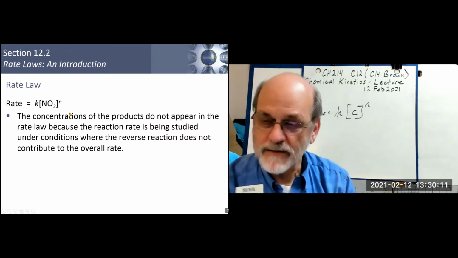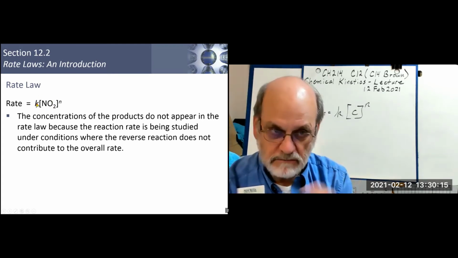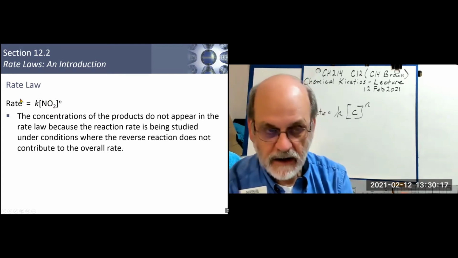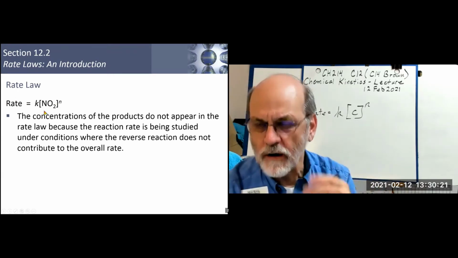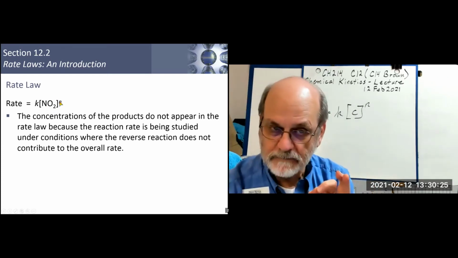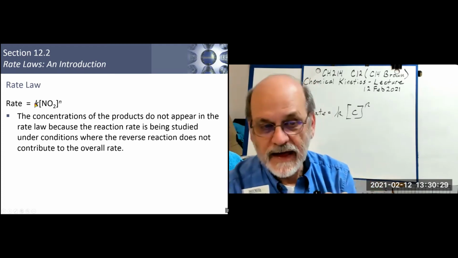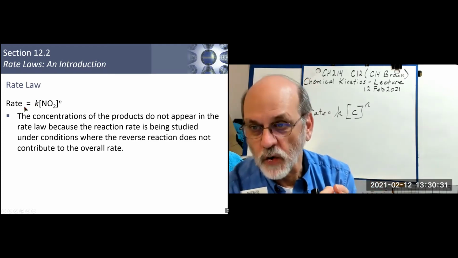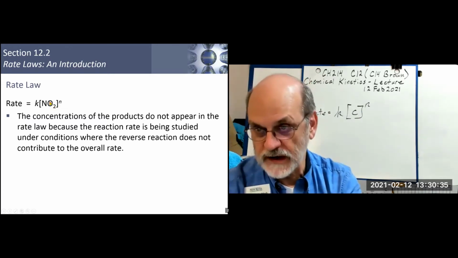Because if we have the balanced equation and we determine something here, say we're finding the rate law for this reaction, we find a number for the n, we find a number for the k, then if we know what the rate of the reaction is at any time, then we can solve for what's NO2.